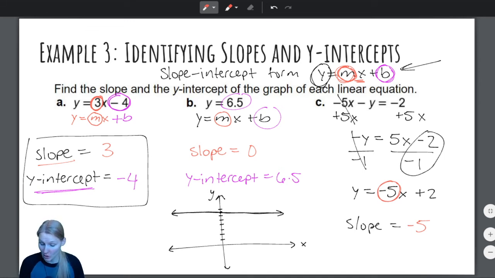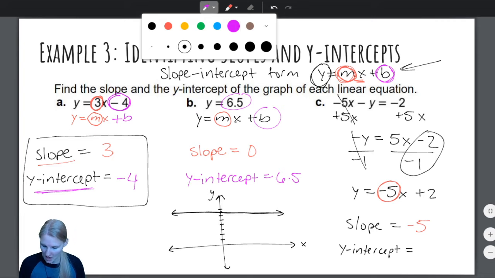Careful, your slope is not negative 5x. I see some students do that sometimes. The slope is not negative 5x. It's just negative 5. Negative 5 is our slope. All right, and now our y-intercept is what? 2.